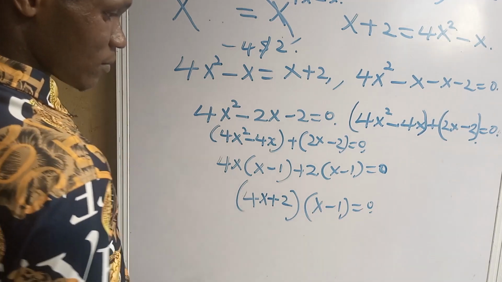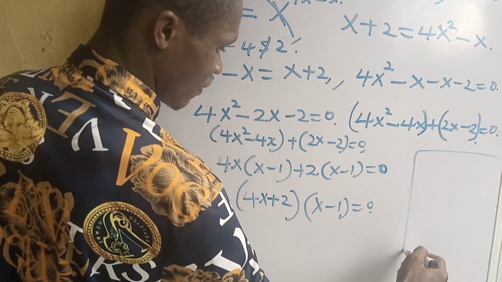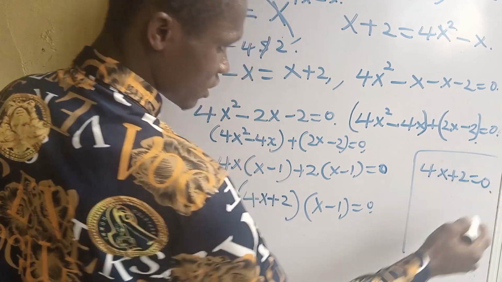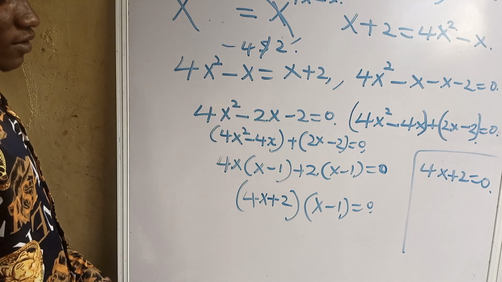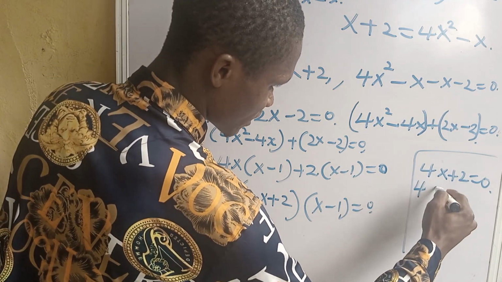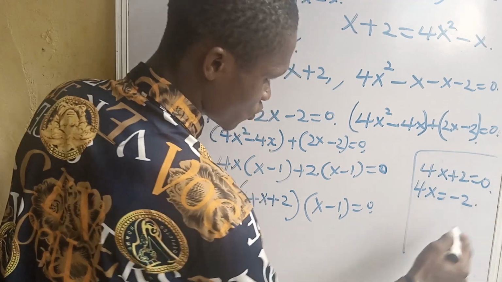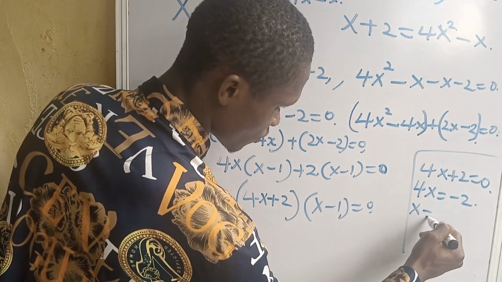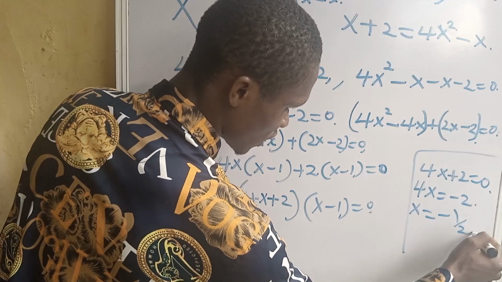By equating each of them to 0, we can simply have 4x plus 2 is equal to 0. So looking for the value of x, we can say 4x is equal to minus 2. If we divide both sides by 4 to get our value for x, we're going to have x is equal to minus 1 over 2.